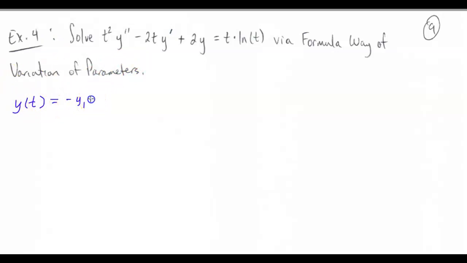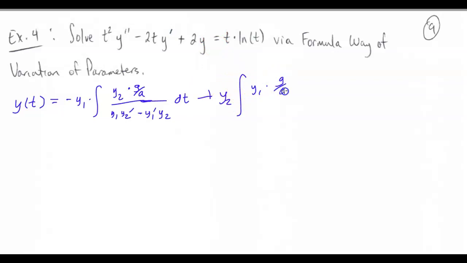It will be minus y sub 1, and again this y sub 1 is going to be one of the homogeneous solutions to our ODE, times the integral of y sub 2 times g divided by a, all over the Wronskian expression, which is y sub 1 times y sub 2 prime minus y1 prime y sub 2, all that dt, plus y sub 2 times the integral of y sub 1 times g over a, and again the same expression in the denominator here, dt.